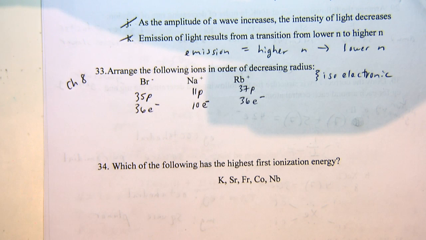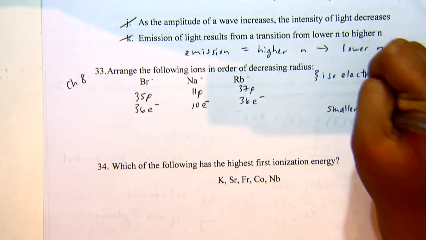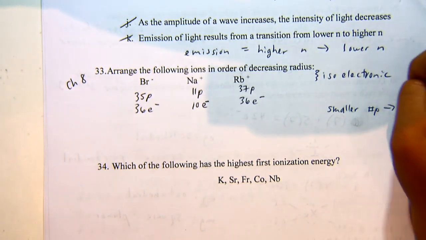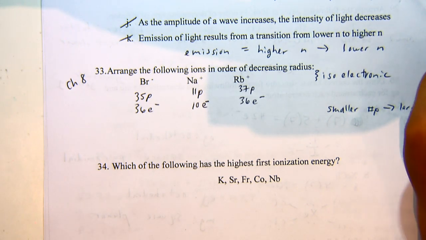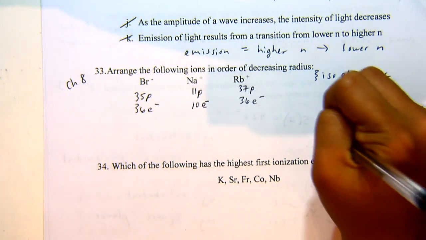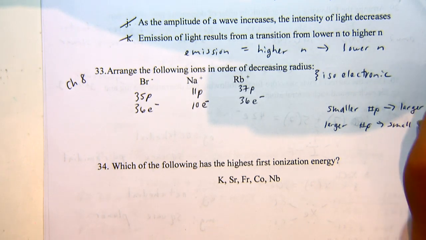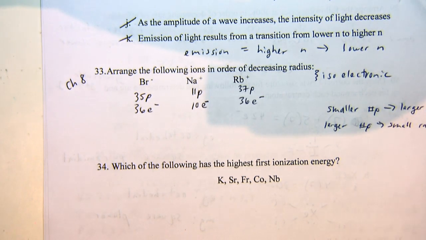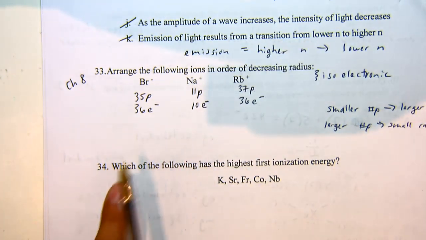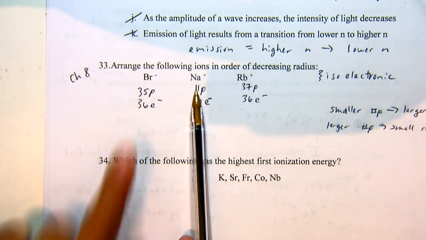Now, the smaller the number of protons is going to give us a larger radius, and the same the other way: a larger number of protons is going to give us a smaller radius. Out of these, the ones in the isoelectronic series are the bromine and the Rb, because sodium is completely different.